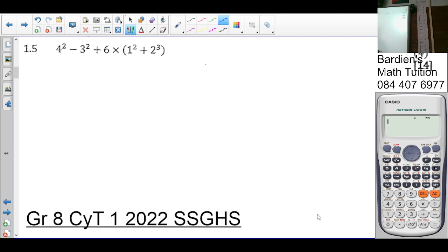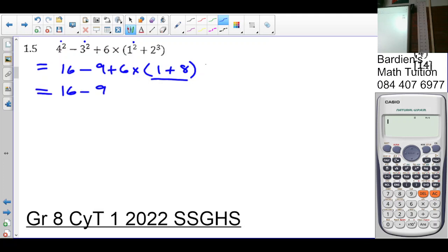Again, we're going to first simplify the exponents, not so? So it's 4 squared is 16 minus 9 plus 6 times 1 squared is 1, 2 cubed is 8. The brackets need to be sorted out first, so it's 9 plus 6 times 9.